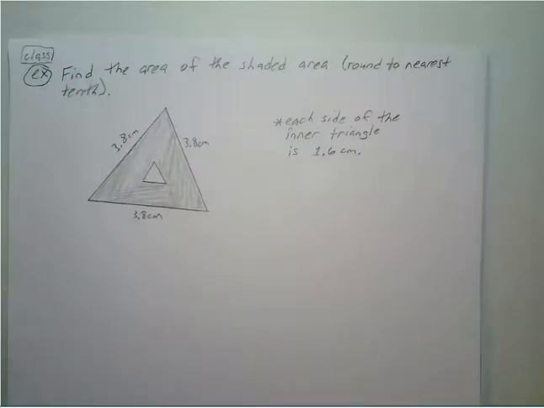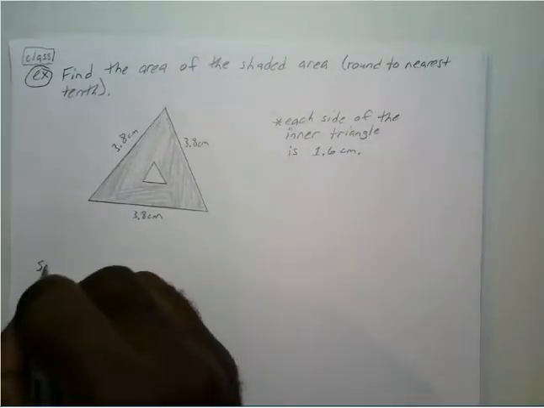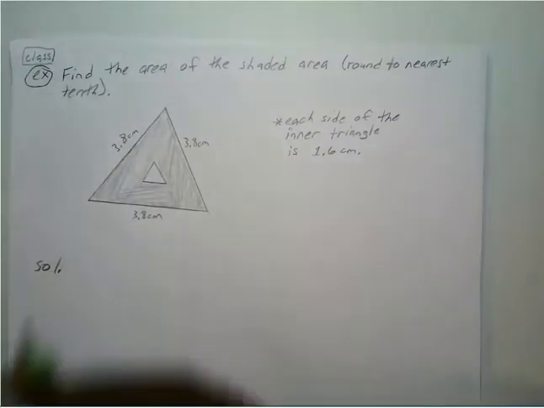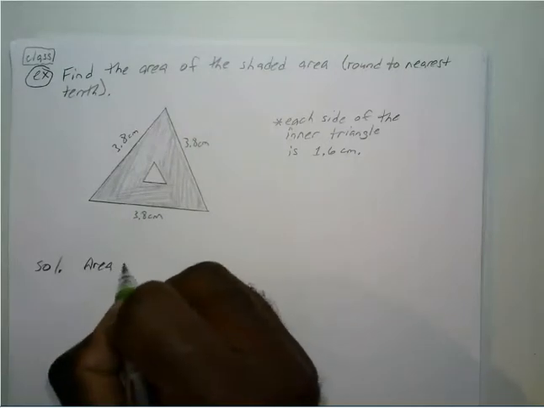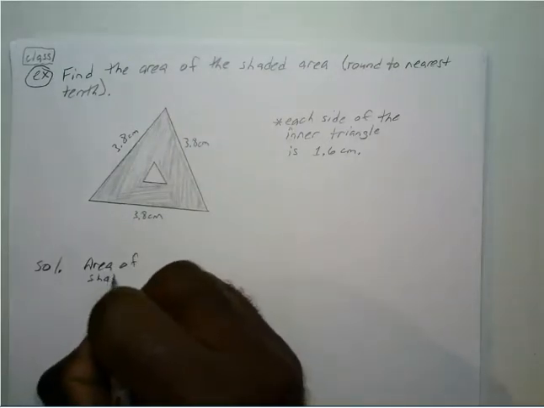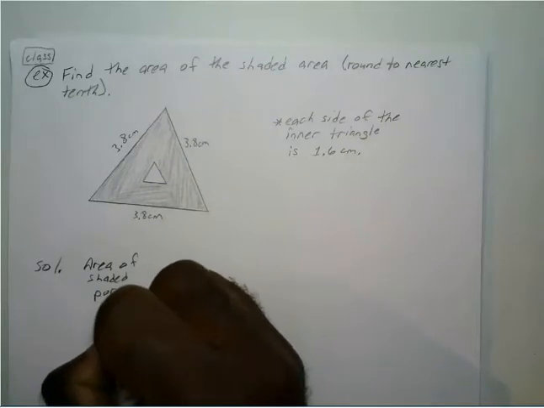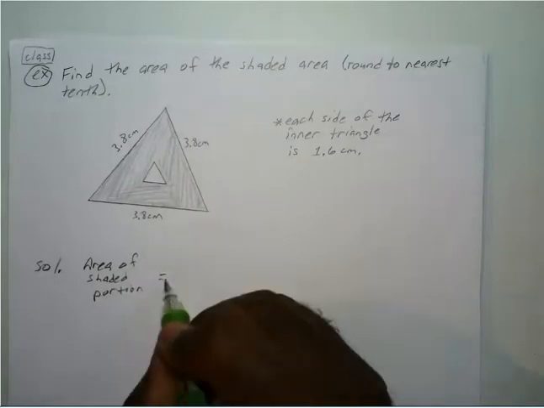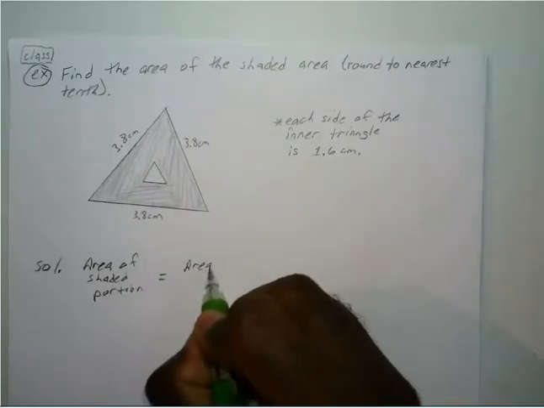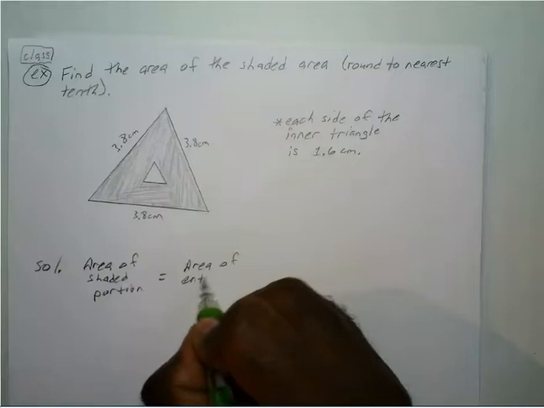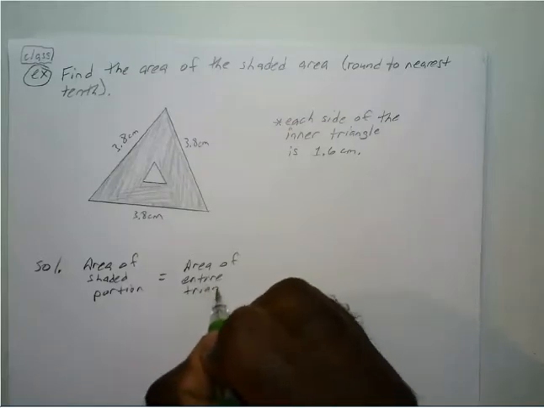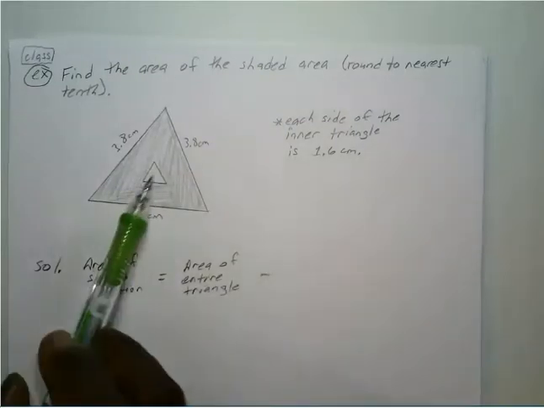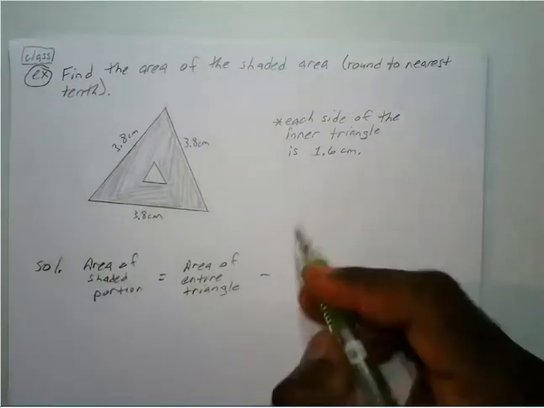All right, so I'm assuming that you've already pressed pause and you worked this one out. So let's go ahead and verify. Okay, now to find the area of the shaded portion, that's going to equal the area of the entire triangle minus the area of the inner triangle.